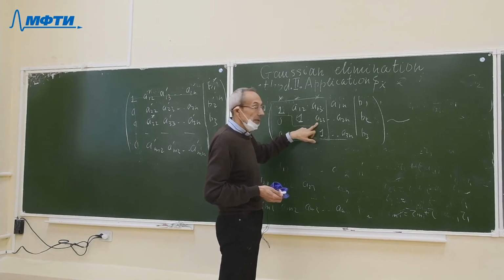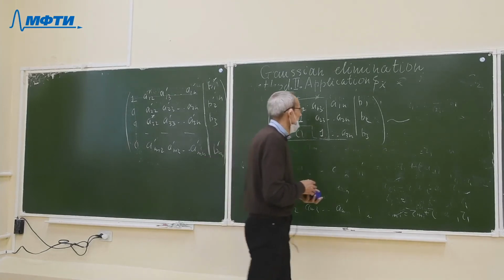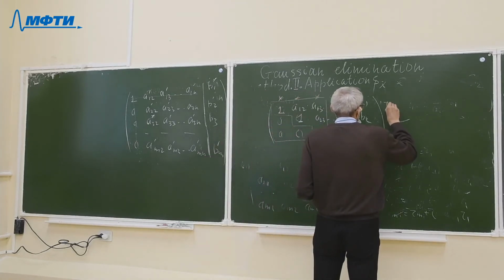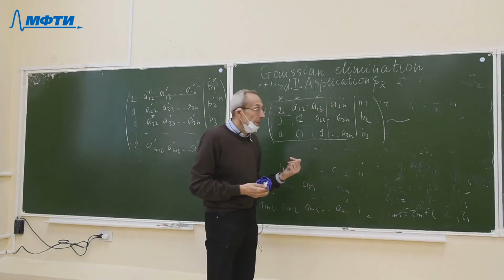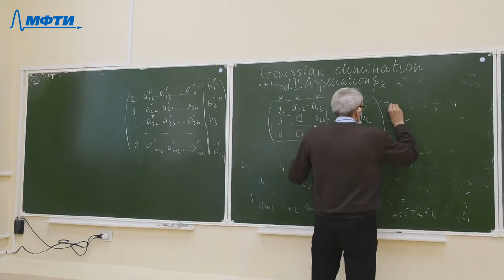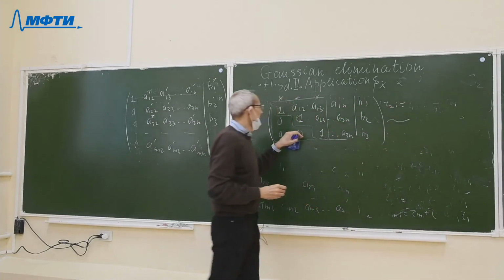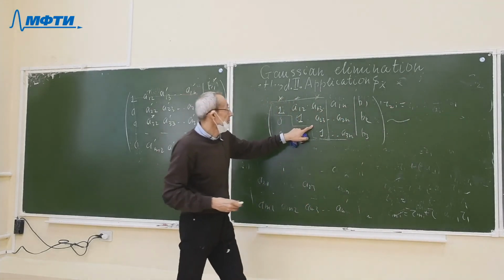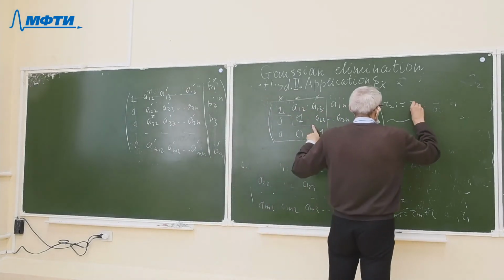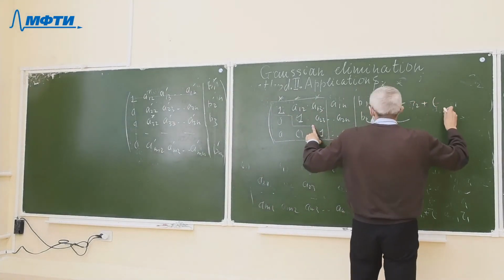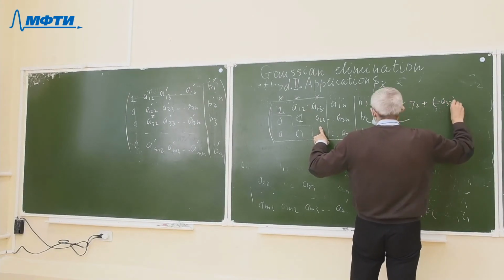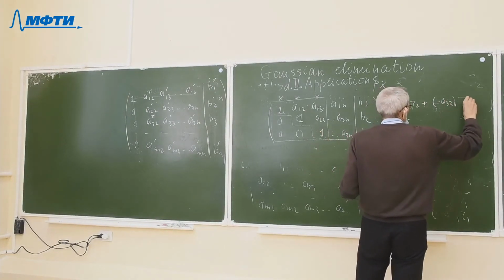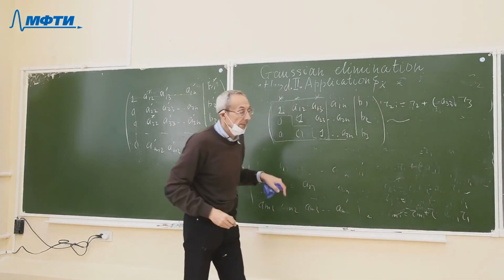We obtain on this place the 0, and for these rows we use the same operation but in the inverse order. We put R2 equal R2 plus minus A23 times R3.